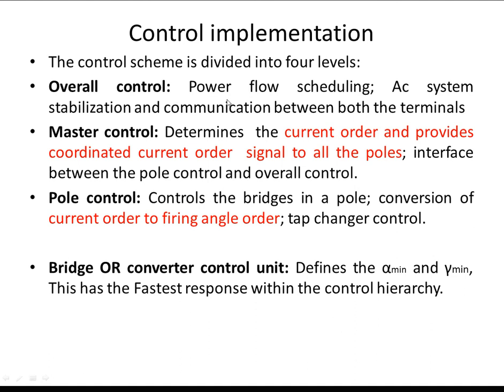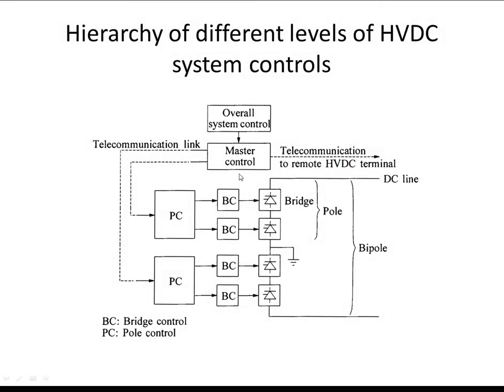Its functions are power flow scheduling, AC system stabilization and communication between both the terminals. Both the terminals means here this is one terminal, and the second terminal is at the inverter side here. So that provides the communication between the rectifier terminal as well as the inverter terminal. You can see here the telecommunication line between this terminal and the remote terminals.